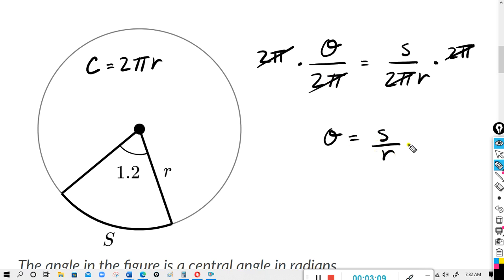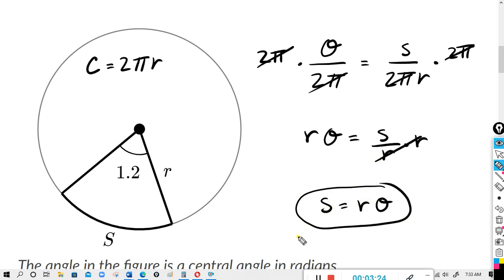And solving for the arc length S, if we multiply both sides times R, we have S equals R times theta. So you can use that formula when the measurement is in radians, okay?